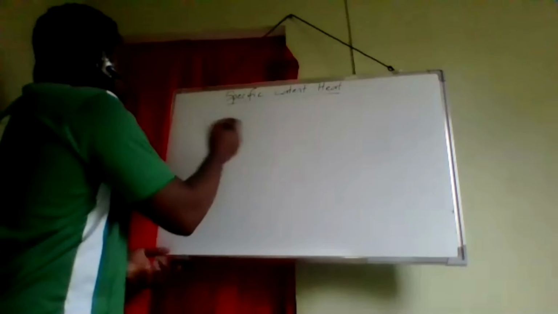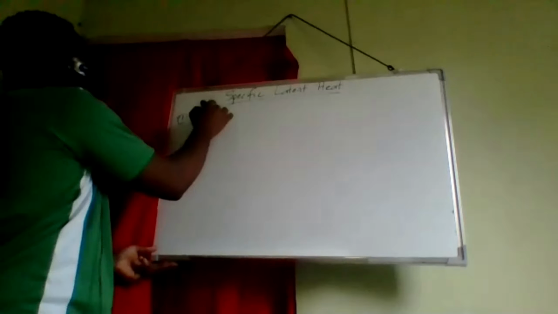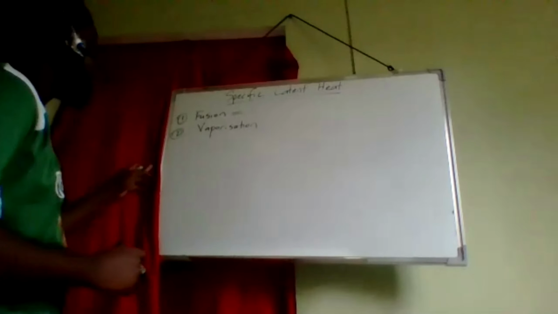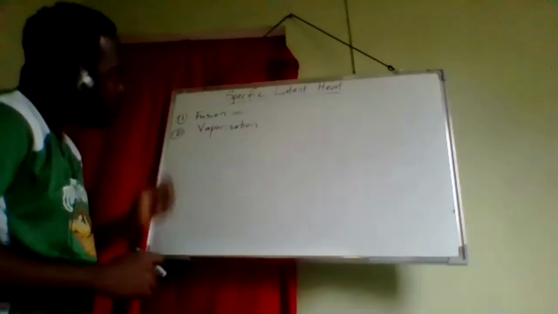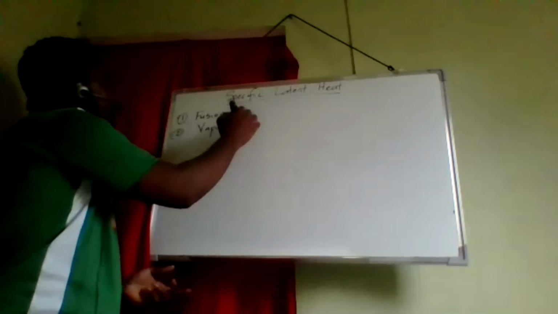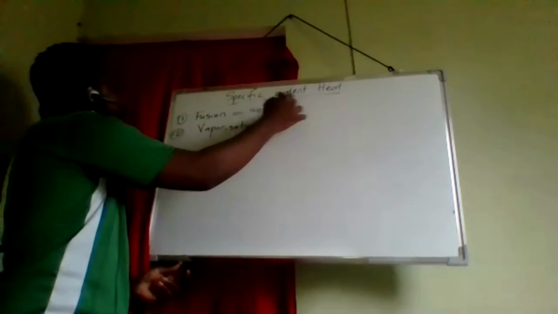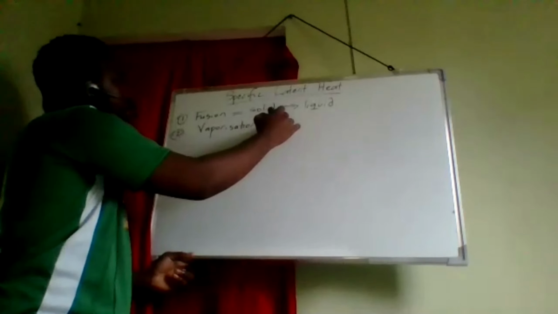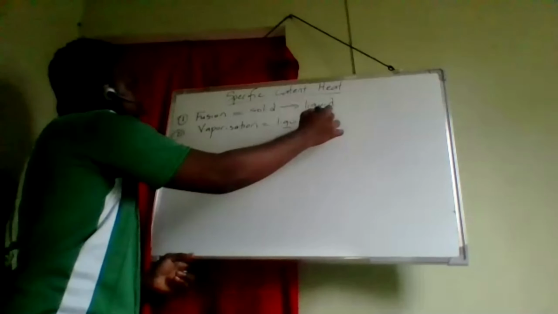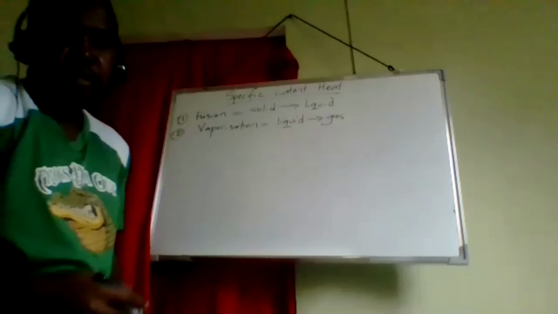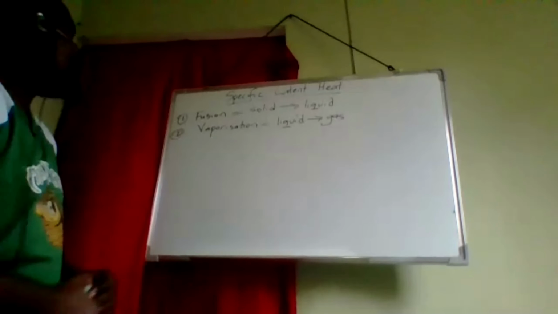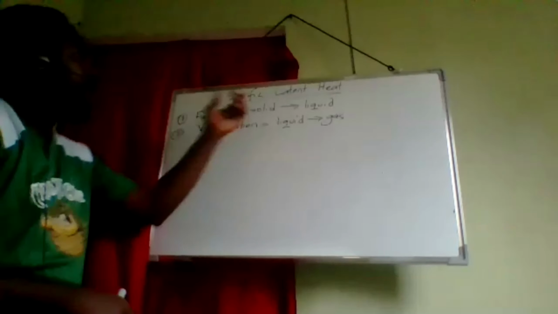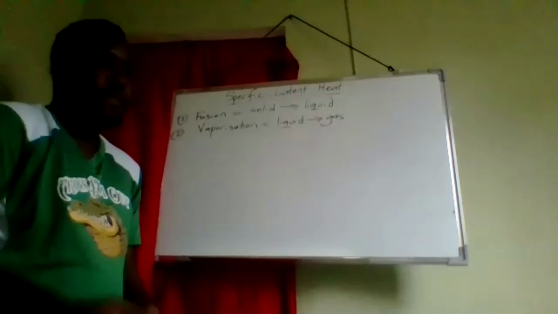We have the two types, which are fusion and vaporization. Fusion changes from a solid to a liquid, and vaporization is from liquid to gas. The specific latent heat of fusion is the heat required to change 1 kilogram of a solid to a liquid without a change in temperature.